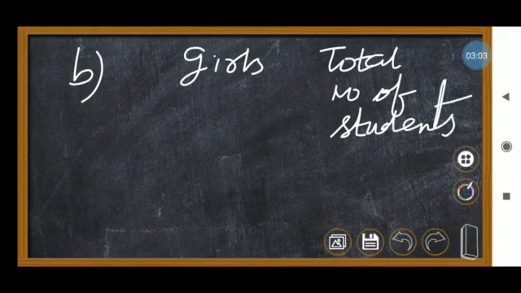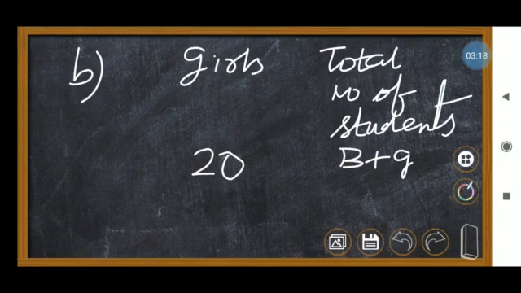As you know, girls are 20. Total number of students means boys plus girls. How many boys are given? 15. So 15 boys and 20 girls, totally 35 will come. So the total number of students is 35.